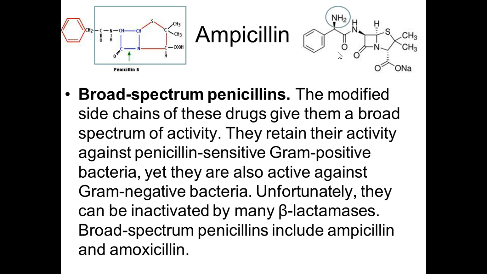Unfortunately, and one of the reasons why I showed you the structure of this antibiotic, is that it has this characteristic ring structure. It's referred to as a beta-lactam ring. And there are some bacteria out there that produce enzymes that break this ring structure. Notice it's present in both ampicillin and penicillin. Penicillin, amoxicillin, these are all derivatives of penicillin.